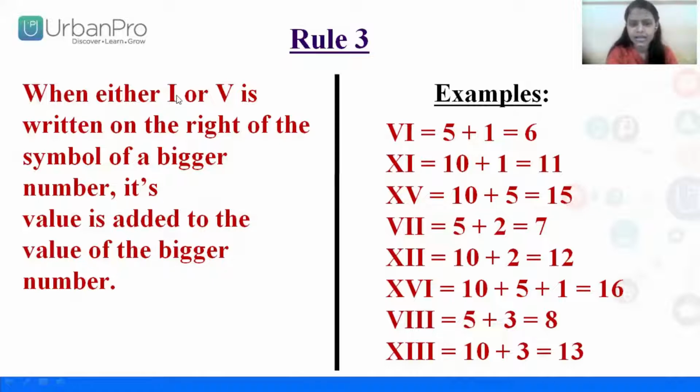So if the symbol I or V is written to the right side of a bigger Roman numeral, then the value is added.